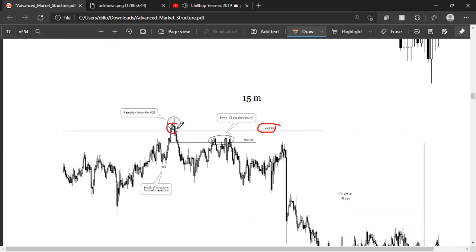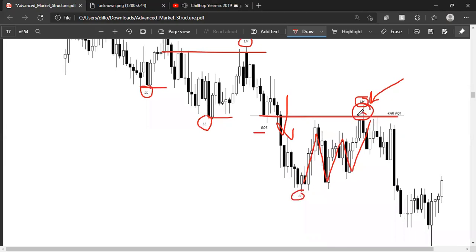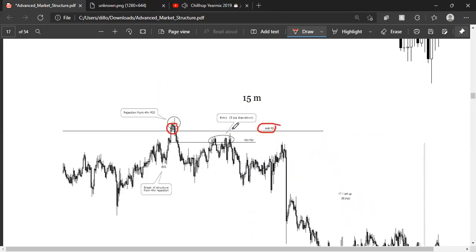Well, we see price trade up into that area and give us a rejection.